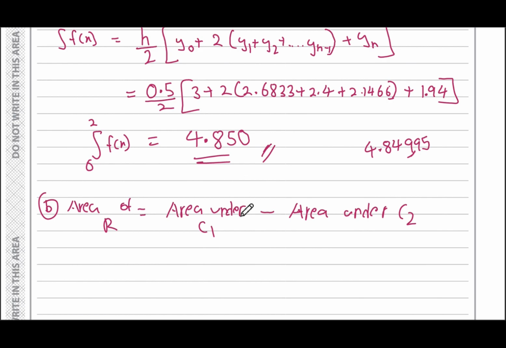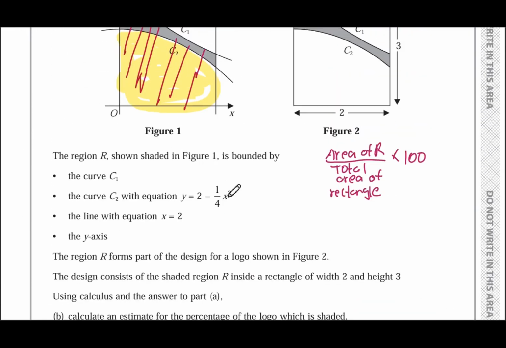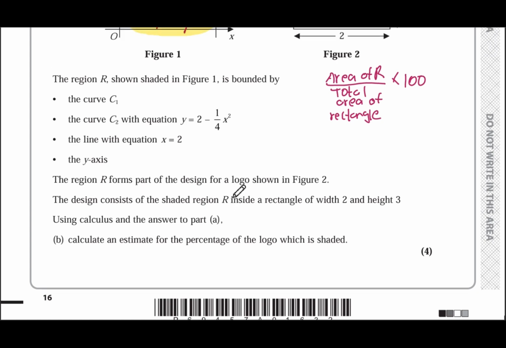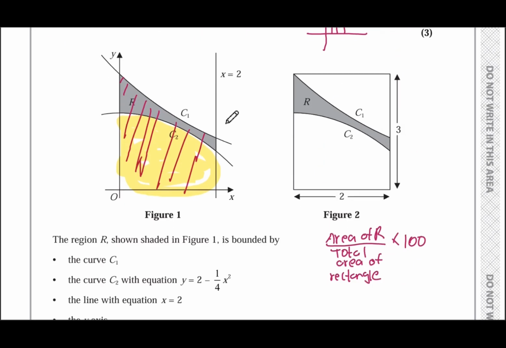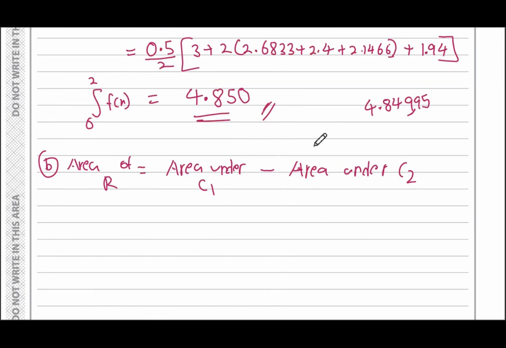Area under C1 is actually our answer to part A, because from the trapezium rule what we find is the area under a curve. C1 is y equals f(x), and by using the trapezium rule we found the area under C1, which was 4.850. So I'm using that answer here: 4.850 minus, now I have to find the area under C2.